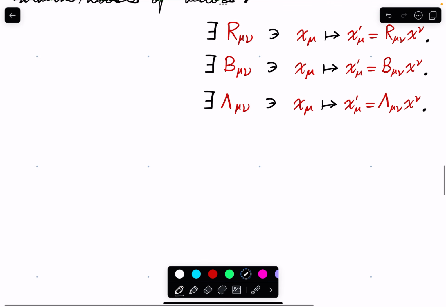And so while you can transform vectors, you can also transform tensors.